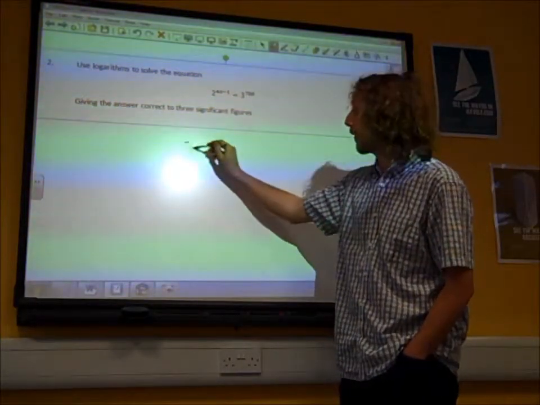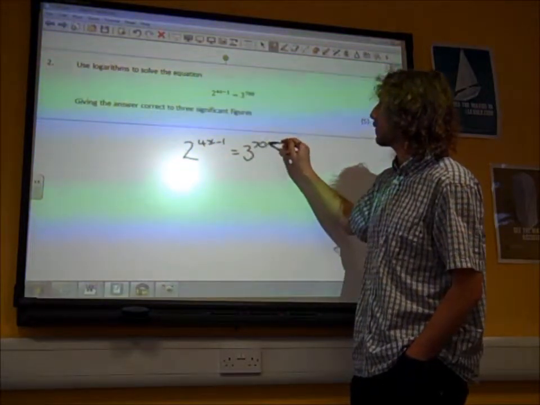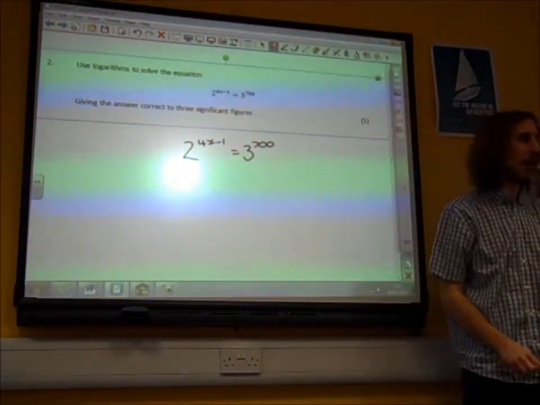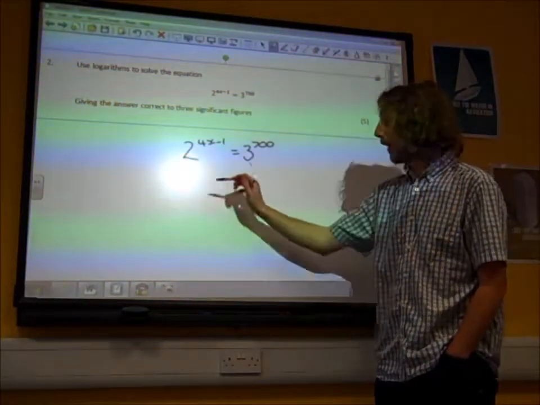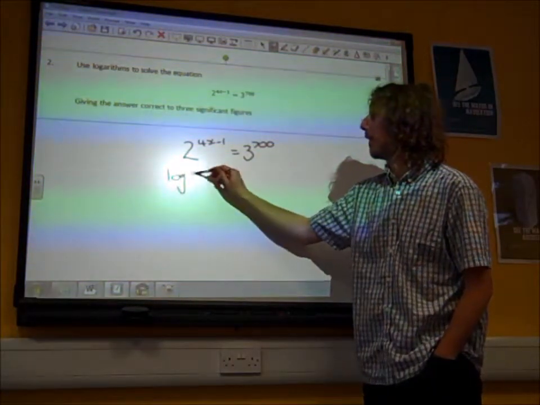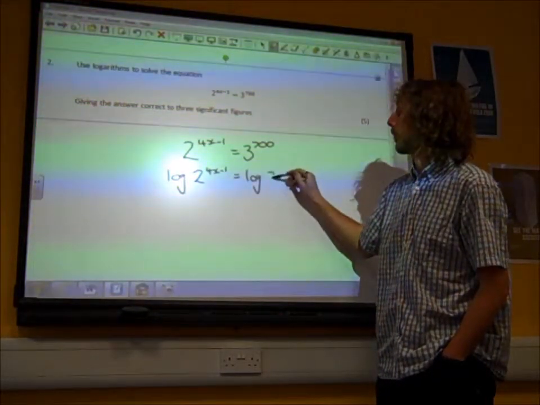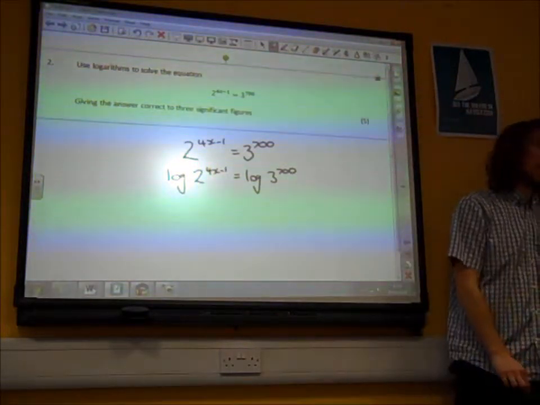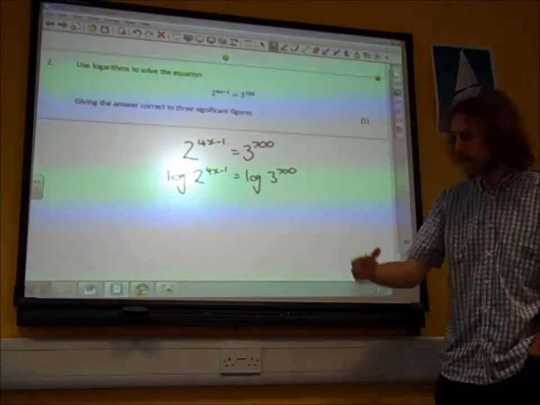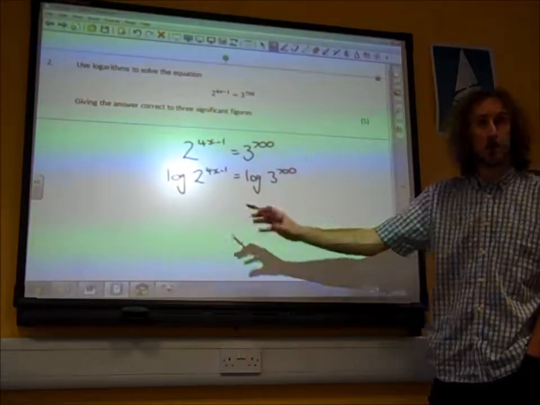Now remember, to solve an equation with an unknown power where we haven't got the same base number, we take logs of both sides of any base, but we are going to choose log base 10 as our first step. And we have that law of logarithms we did just before Christmas that says that the power comes down to the front.